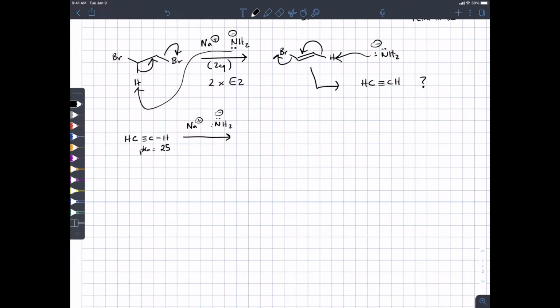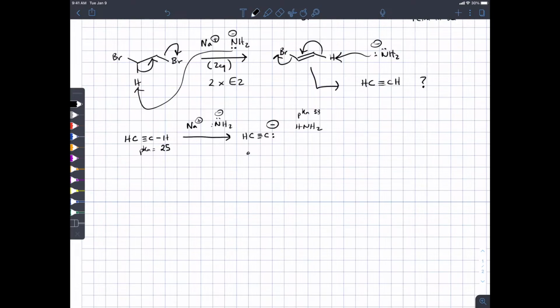So a base whose conjugate acid has a pKa greater than that is able to remove a proton from the alkyne. And of course, you would form the conjugate acid of the amide anion, which is ammonia, pKa 38 or something. So this is a great reaction to generate this anion.